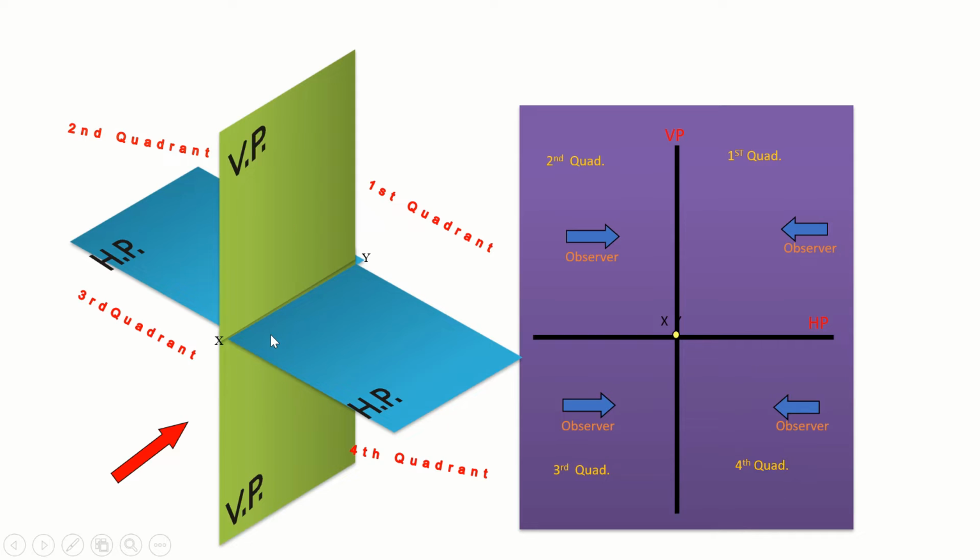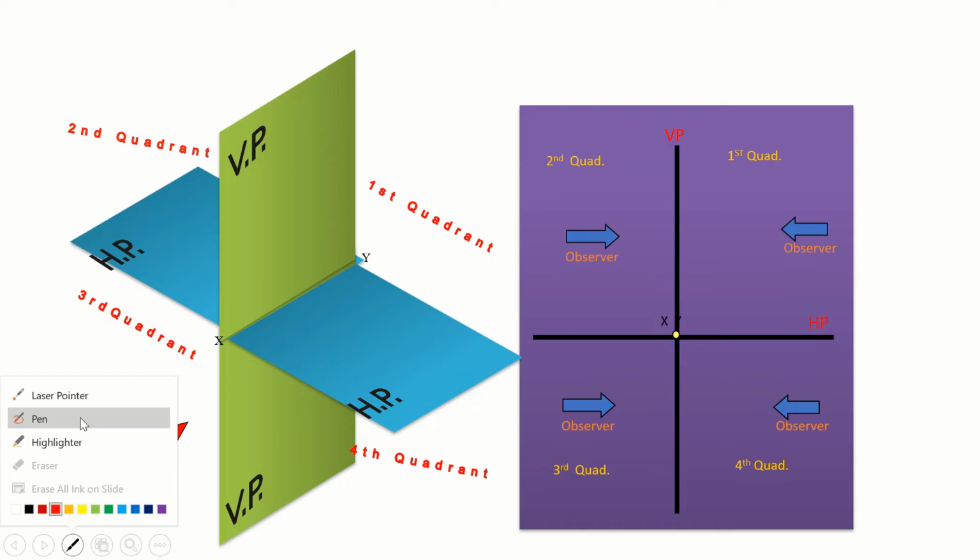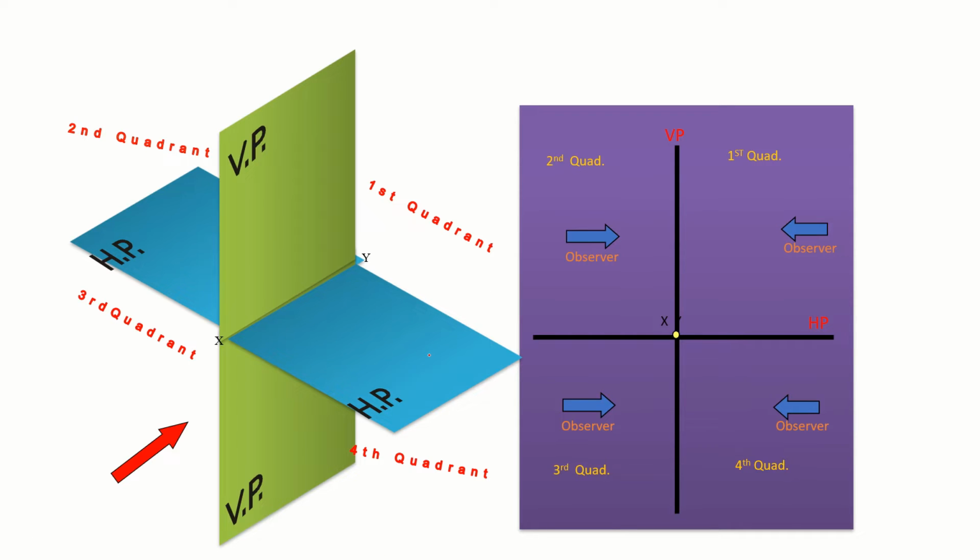Here in engineering graphics we have a horizontal plane. Instead of a line we have a plane, the horizontal plane. Instead of the vertical axis or y-axis we will have the vertical plane. With respect to the horizontal plane, any object can be denoted above or below.